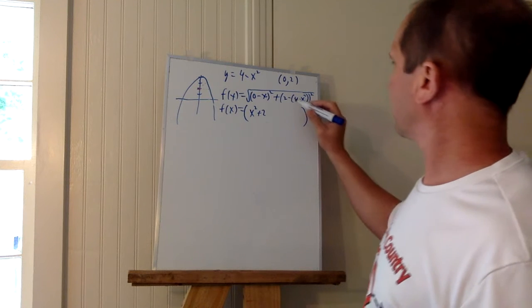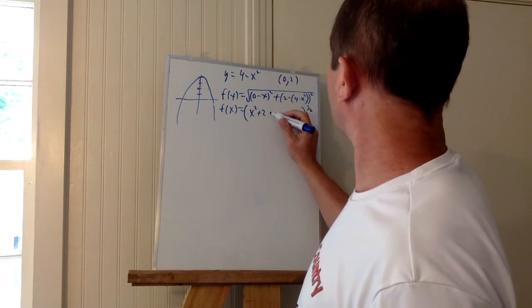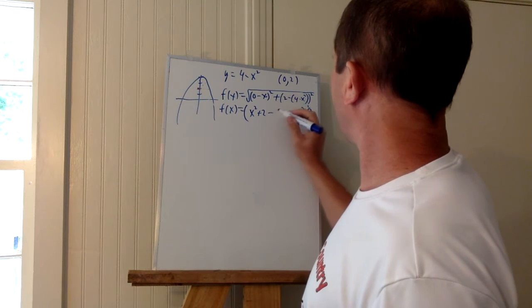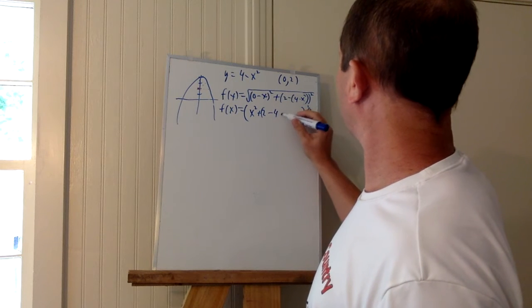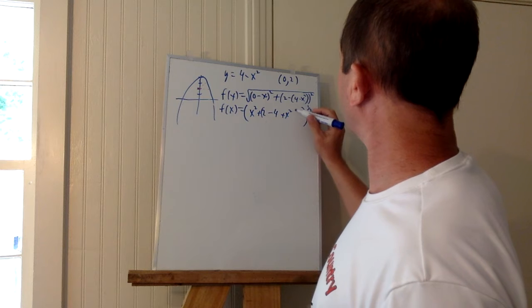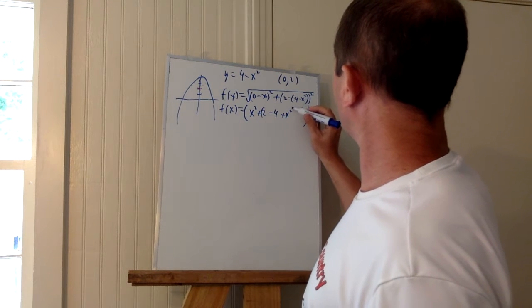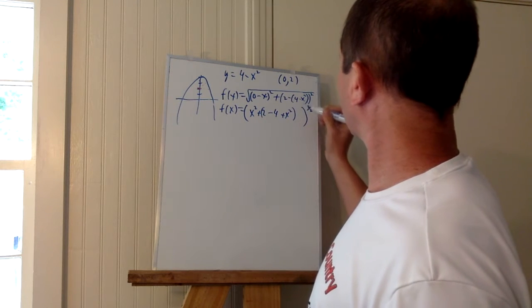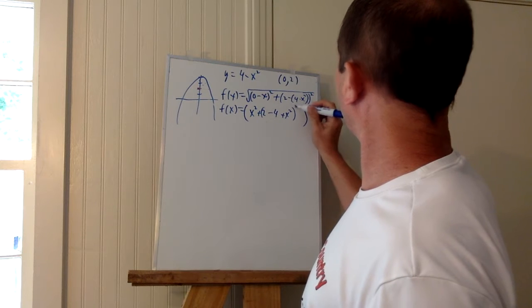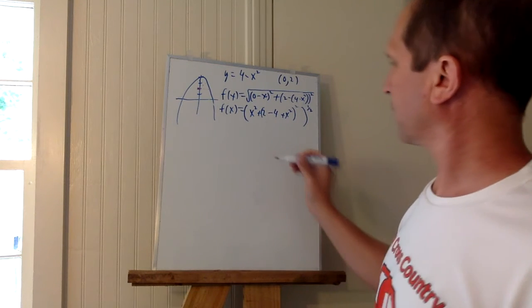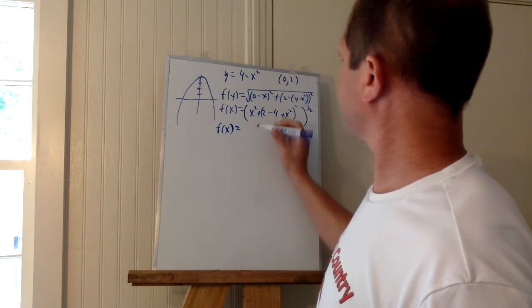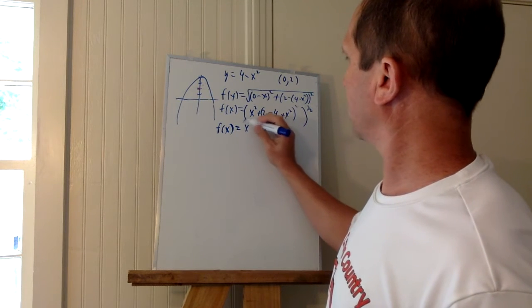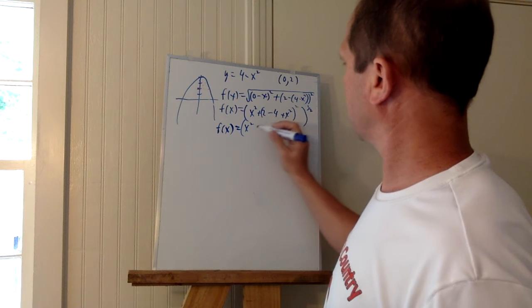Now distributing the minus in, so it's minus 4 plus x squared. I don't want to miss anything in here. And that would be squared. So we get x squared. 2 minus 4 is negative 2.